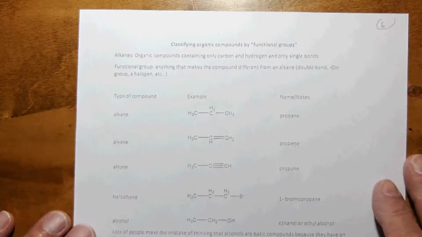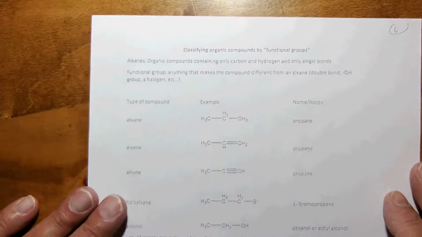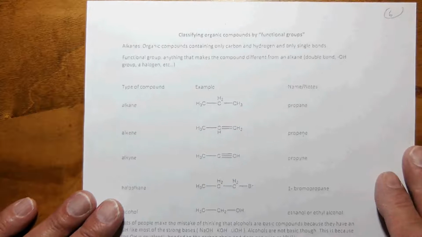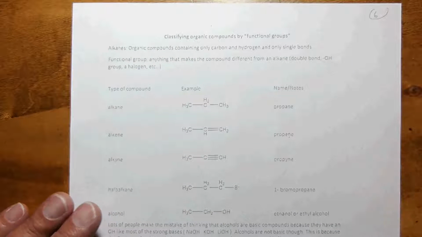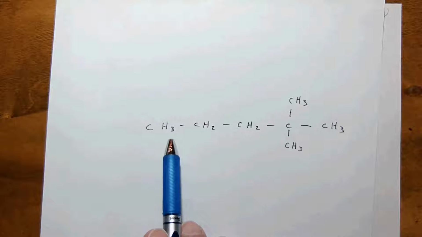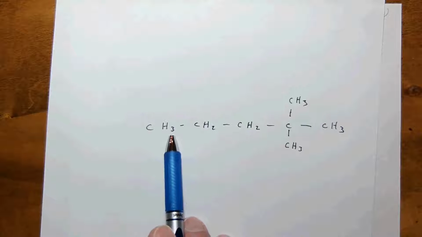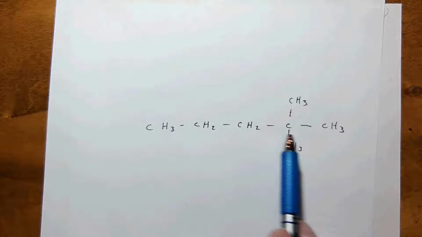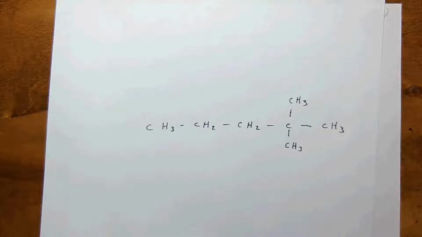Now, the next thing we have to cover here is a quick look at classifying organic compounds by so-called functional group. If the only thing you ever dealt with in organic chemistry was carbon and hydrogen and single bonds, you'd just have alkanes, and the world would be a really boring place chemically.